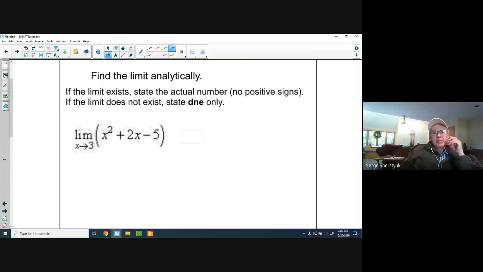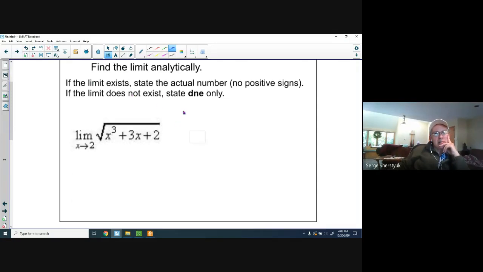There are no gaps. This is very straightforward. I'm going to plug in here and here. It's called direct evaluation or direct substitution. So what am I going to get? 9 plus 6 minus 5 looks like a positive 10. Okay, next.